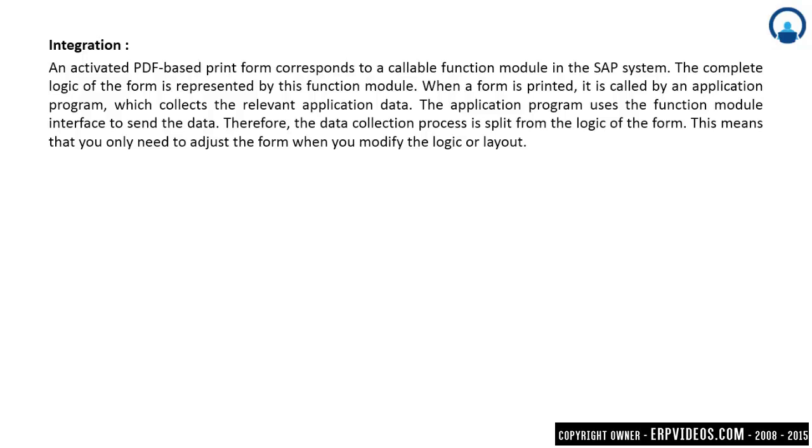When a form is printed, it is called by an application program which collects the relevant application data. The application program uses this function module interface to send the data. Therefore, the data collection process is split from the logic of the form. This means that you only need to adjust the form when you modify the logic of the layout. So this is the integration process for a PDF based print form.